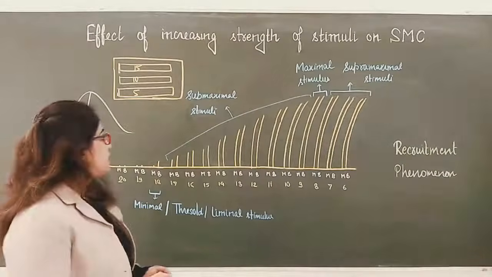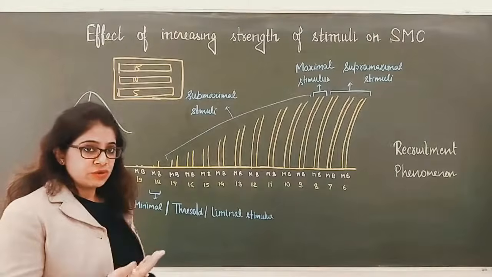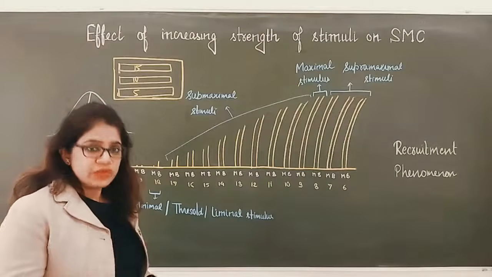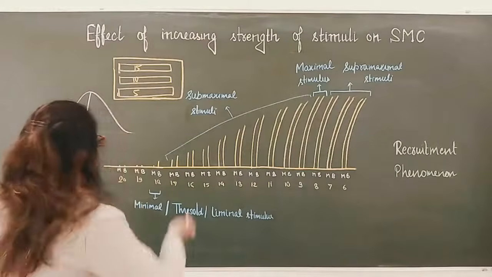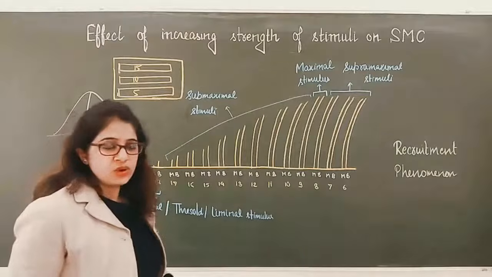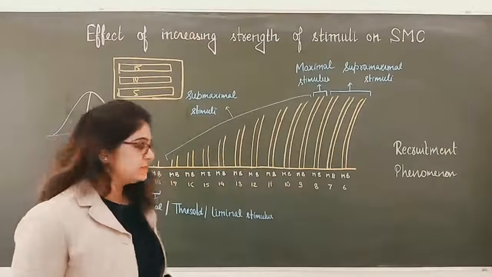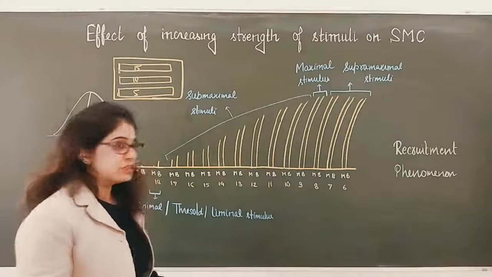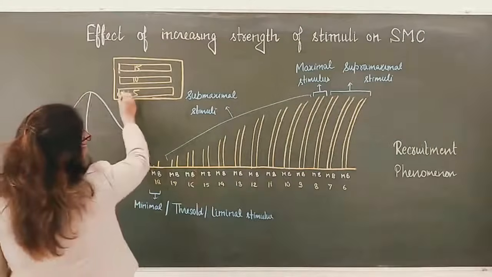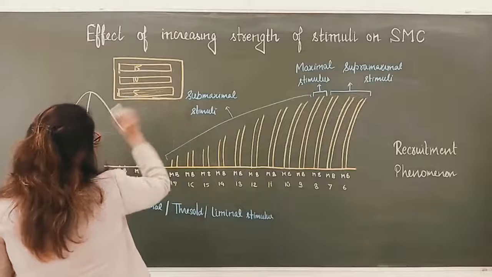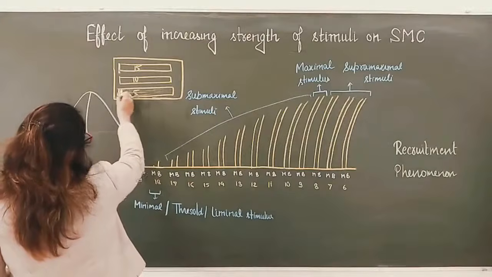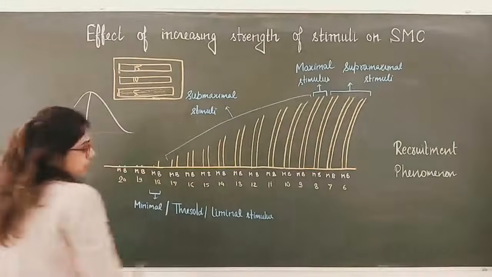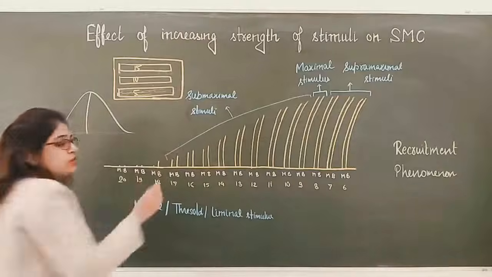In the beginning, suppose I have given a stimulus of 2 millivolts. Then will there be any response? No, because it is below threshold. But then I gave a current of 5 millivolts. So this one motor unit has a threshold of 5. So this one motor unit will contract, and then the muscle will also contract.